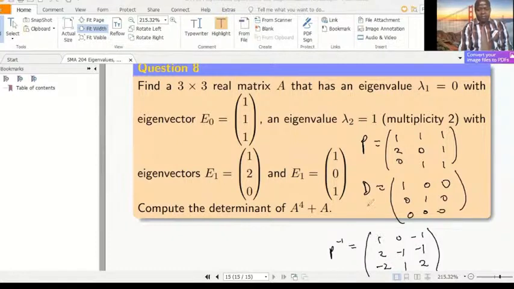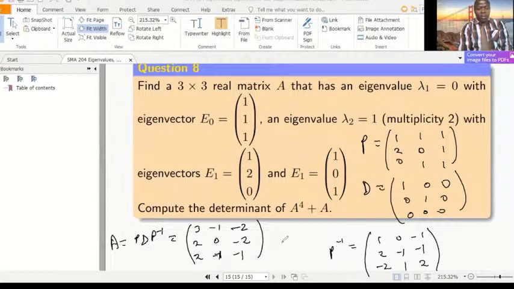Now, A is P, D, P inverse. Just arrange them and multiply. We'll get A to be 3, 1, 2, and then 2, 0, 2, and then 2, negative 1. This is A. When you multiply P times D times P inverse in that order, this will be A.